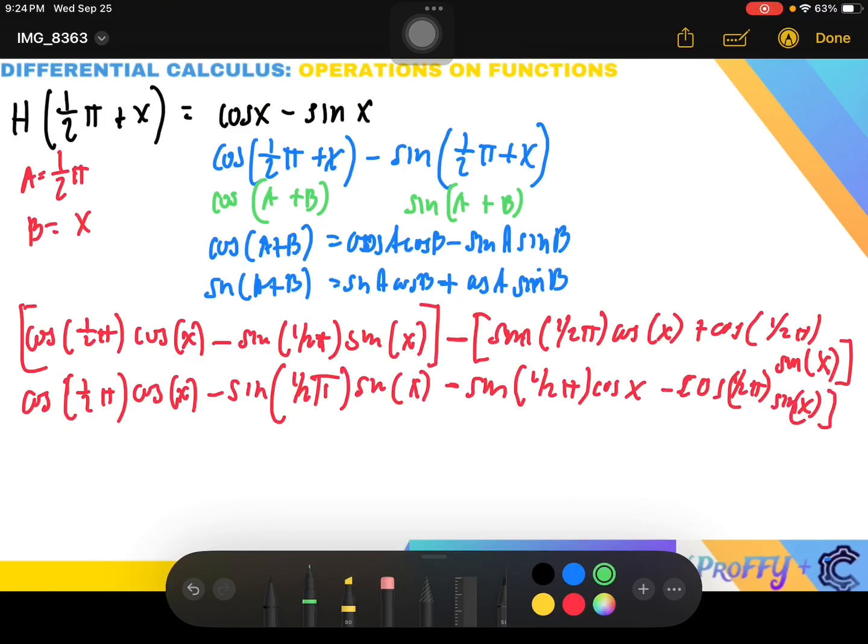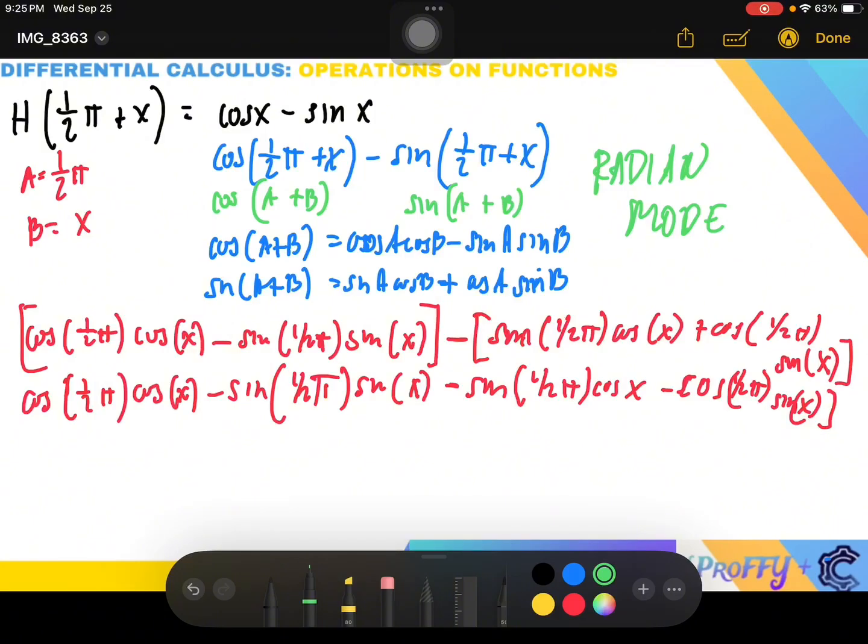Next, using the calculator, you will use this when it is in radian mode. So the radian mode for the cosine of 1 half pi is what?